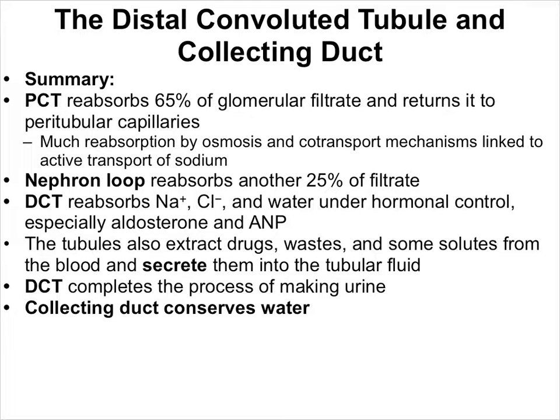How much calcium you're reabsorbing is also controlled in the distal convoluted tubule and the collecting duct. And remember that calcium reabsorption is under hormonal control. All throughout this system, you have active transport, secretion of drugs and waste products into the filtrate fluid, which eventually becomes urine.